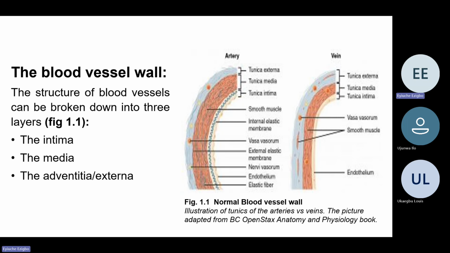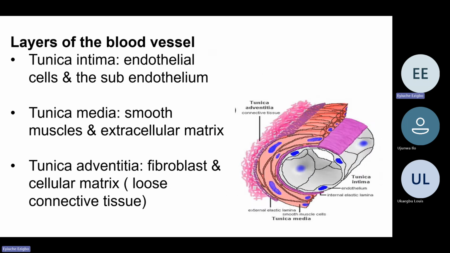The structure of the blood vessel can be broken down into three layers: the intima, the media, and the adventitia or the externa. Okay, the structure of the blood vessels is partitioned into the intima, media, and adventitia. The intima is the innermost layer.